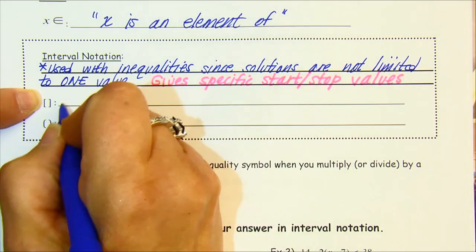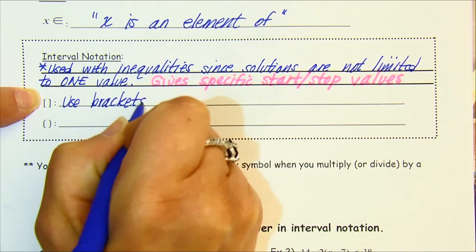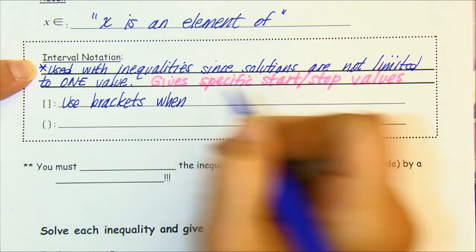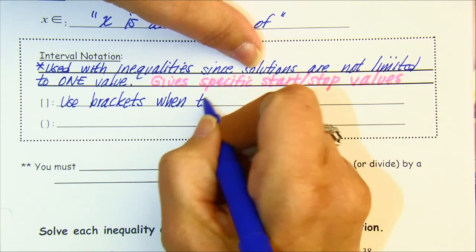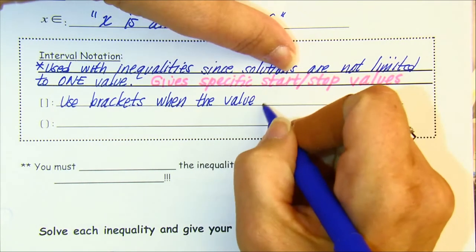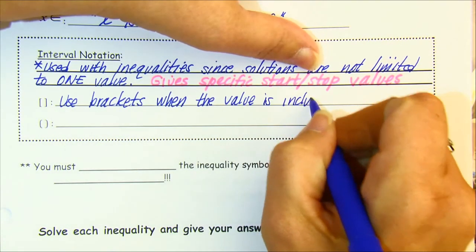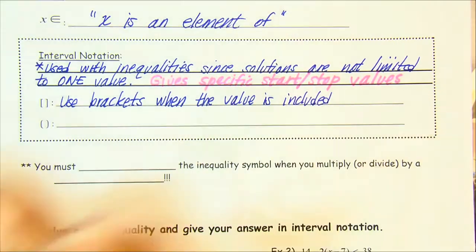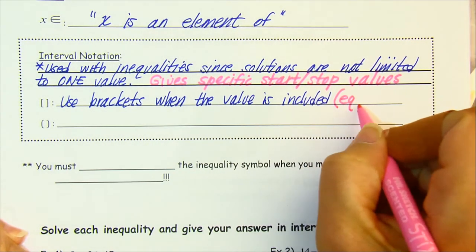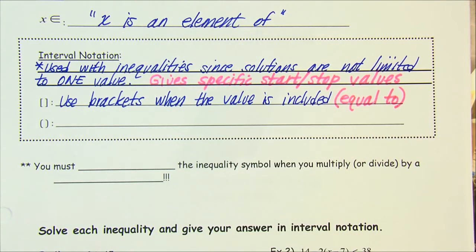So we're going to use brackets when the value is included, or when the value is part of the set. In other words, in your inequality, you're going to see that equal to. So when it's equal to, use the bracket.